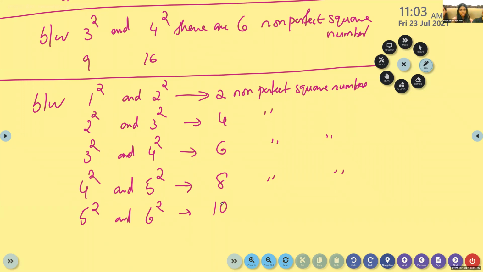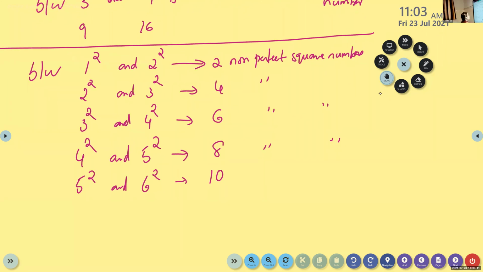These are all even numbers. Not just by even numbers. So between 13 square and 14 square, how can we find? Between 5 square and 6 square it is 10, 4 square and 5 square it is 8, 1 square and 2 square is 2.